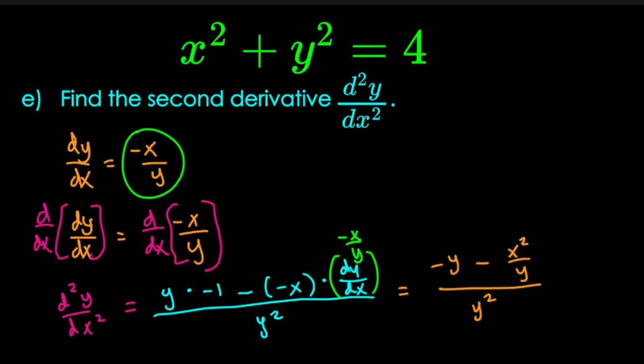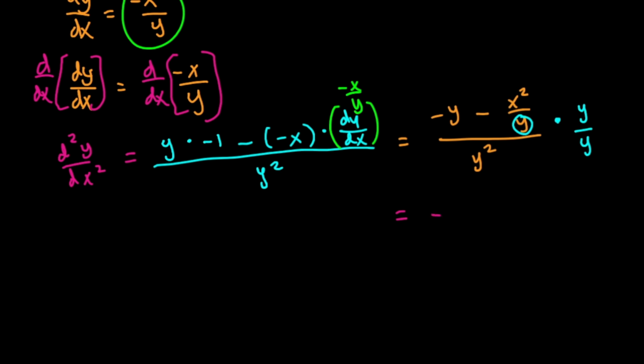We typically don't like having fractions within fractions, so in order to clear this little y denominator here, we'll multiply the top and the bottom by a fraction that equals 1, y over y. This leads to negative y squared minus x squared over y cubed.